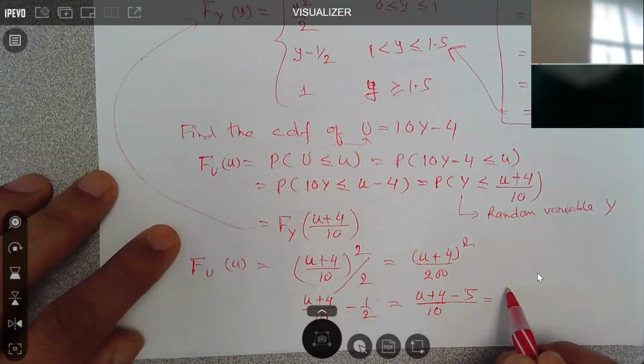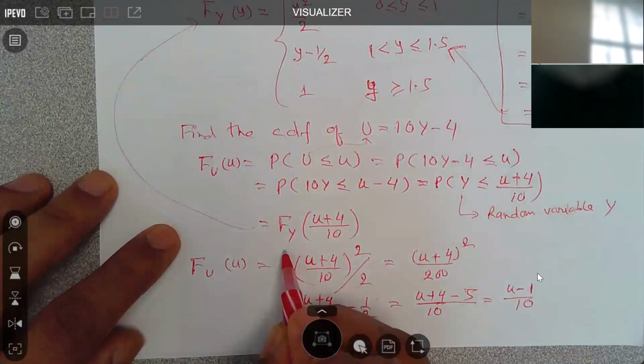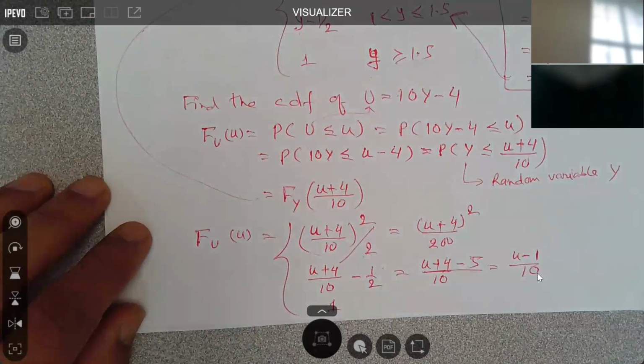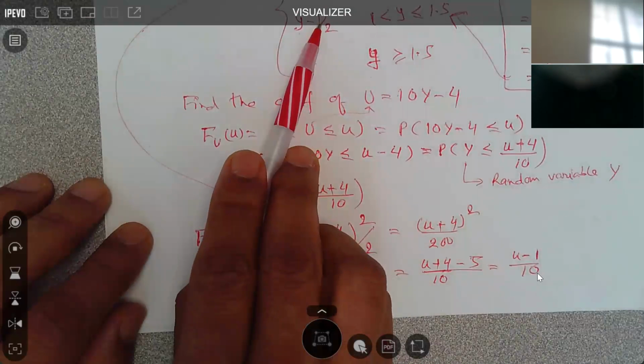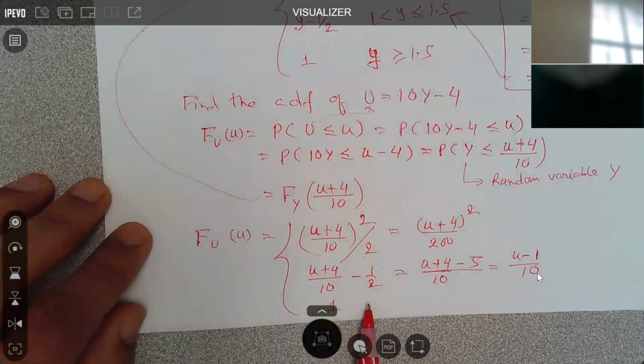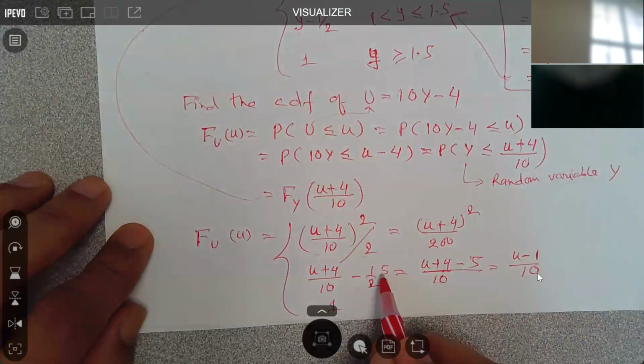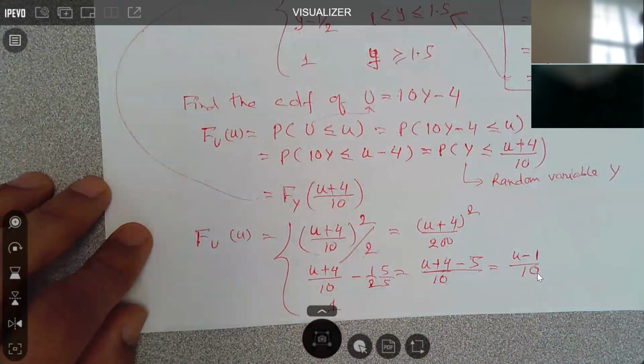So this is equal to u minus 1 over 10 and 1 here. Now you have to take the factor 10 here, right? So you have to multiply by 5 and 5 here.